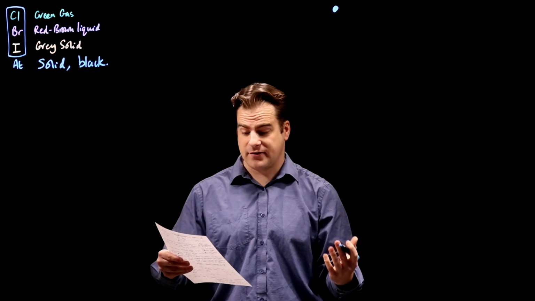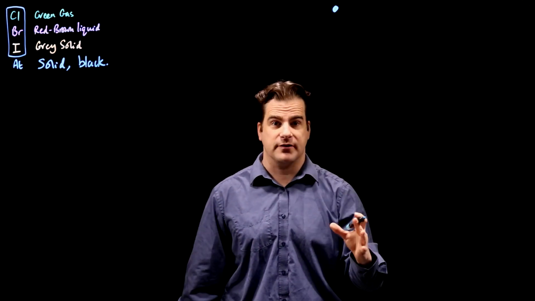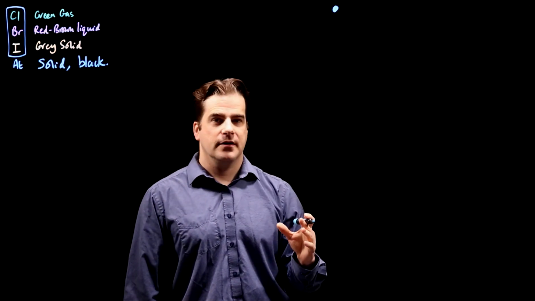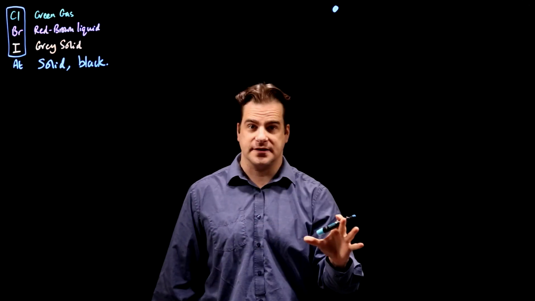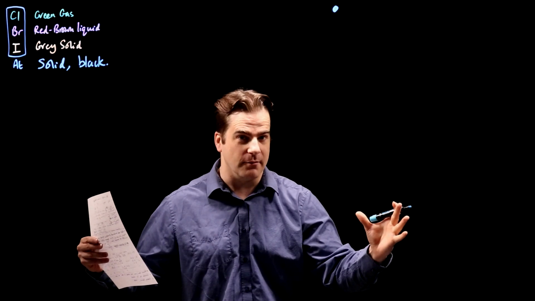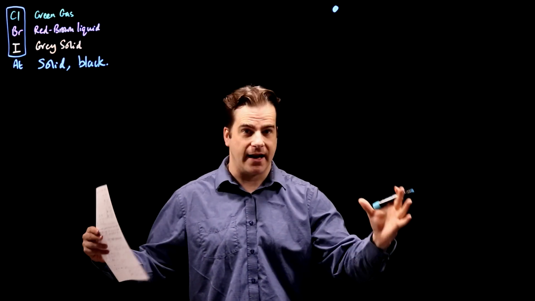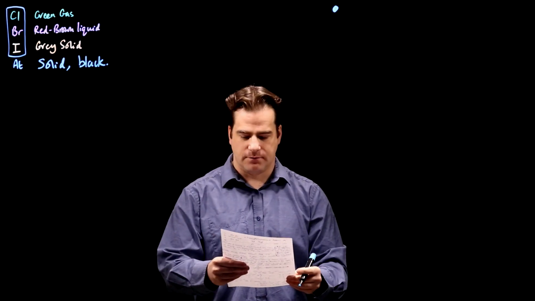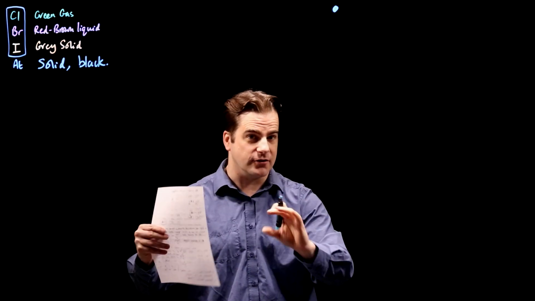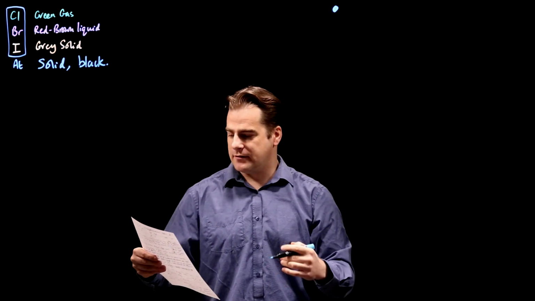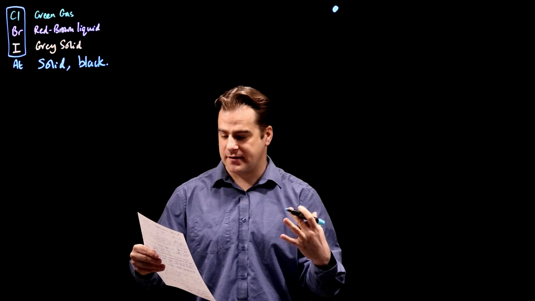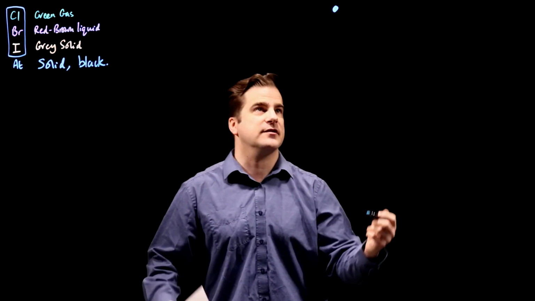So start by saying that a more reactive halogen displaces a less reactive one from a solution of one of its salts. So that's what this whole question is based on. I'm not going to write out the whole sentence, I don't have time, I don't want this video to be an hour long. But you should write it out in the exam: a more reactive halogen displaces a less reactive one from a solution of one of its salts.